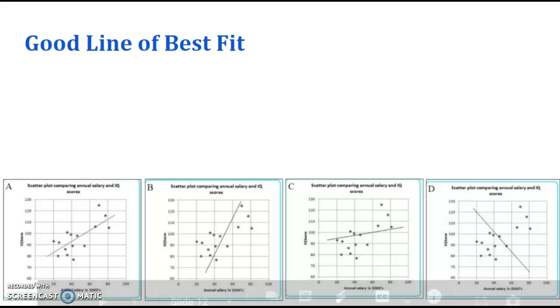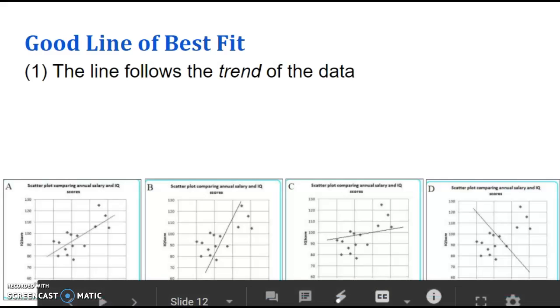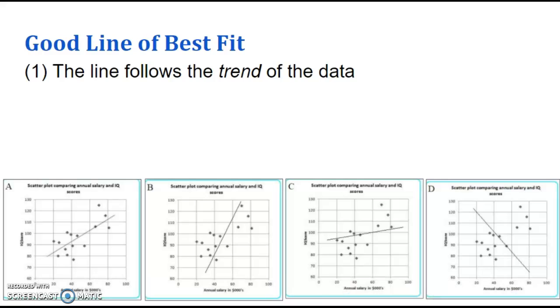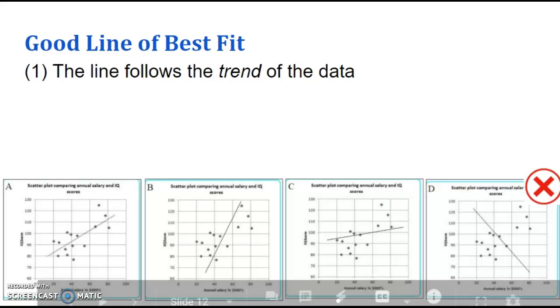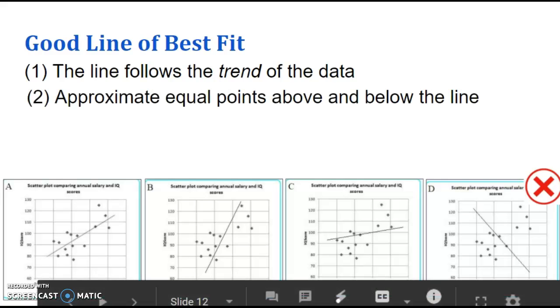So summarizing what you should have discovered, a good line of best fit is a line that follows the trend of the data. In this case, the last one is not following the trend of the data. It's going the opposite direction to the data direction, right? And then secondly, there should be approximately equal points above and below the line.